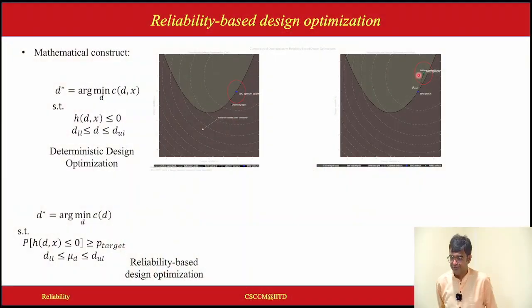Cost will obviously increase. If you want a safer design, you cannot get it at the same cost. There is always a trade-off in life and in anything, right? When you have to pay more to get a safer option. I mean, as simple as that. So obviously, this cost that you are getting is higher than the cost that we get in usual deterministic optimization, DDO.